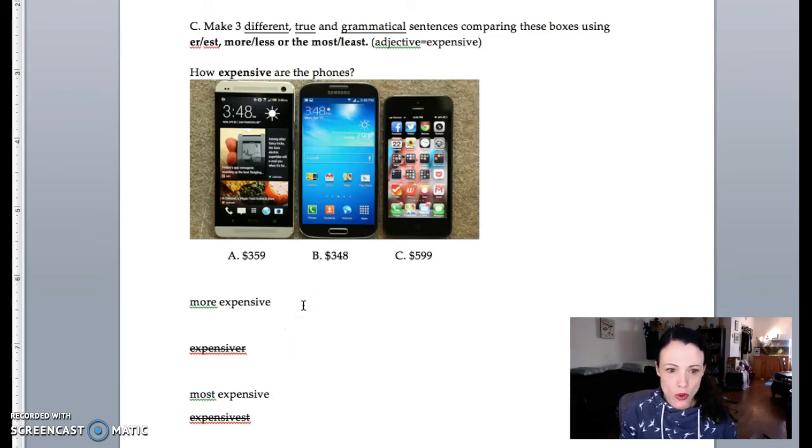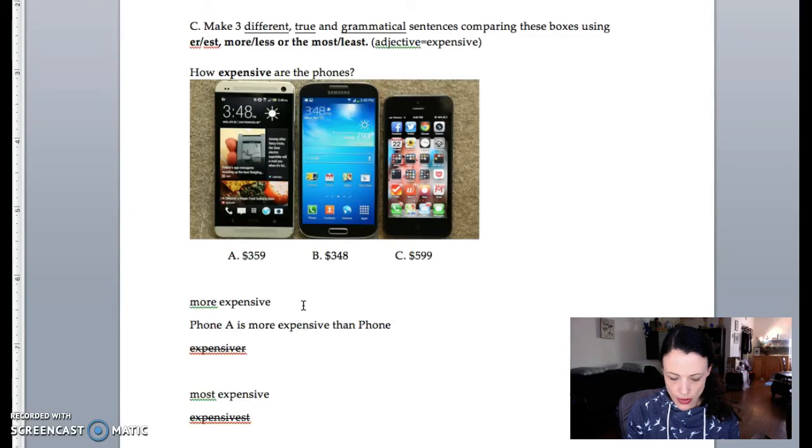So if we're going to use more expensive, we could say phone A is more expensive than phone B. Or you could say phone C is more expensive than phone B. You have choices.